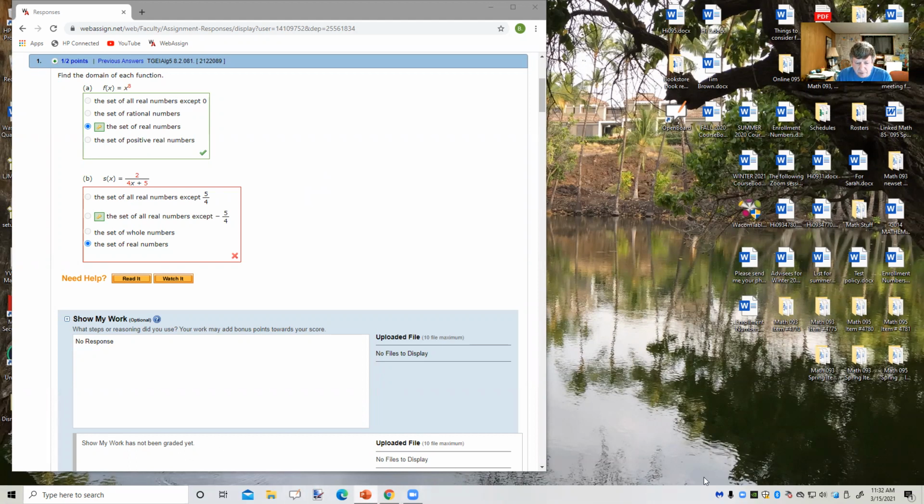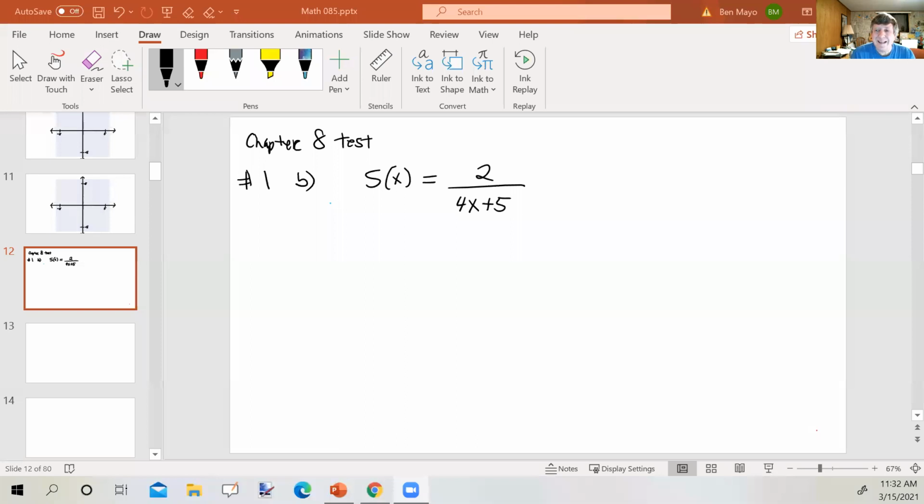Okay, so let's take a look here at the whiteboard. We can't divide by 0. So if we take the denominator, which is 4x plus 5, and set it equal to 0 and solve it, we find the numbers that can't be included in the domain because they make the denominator 0.